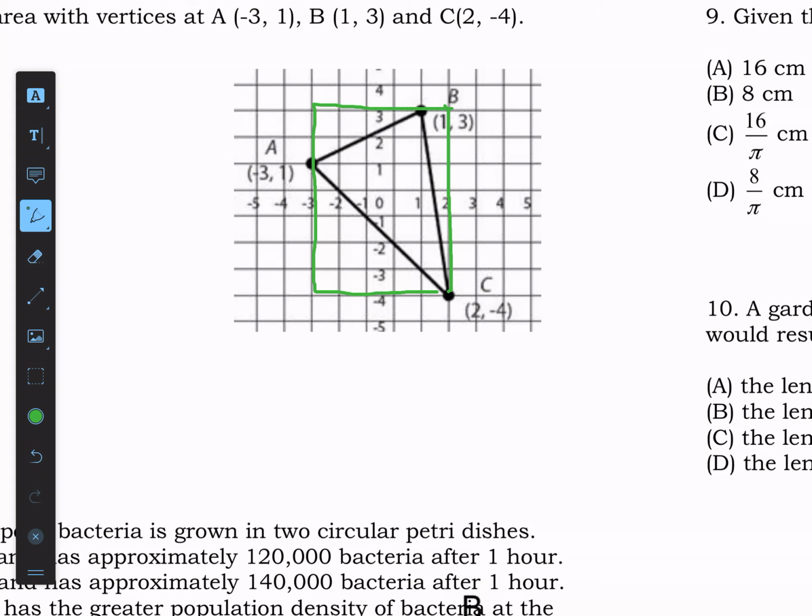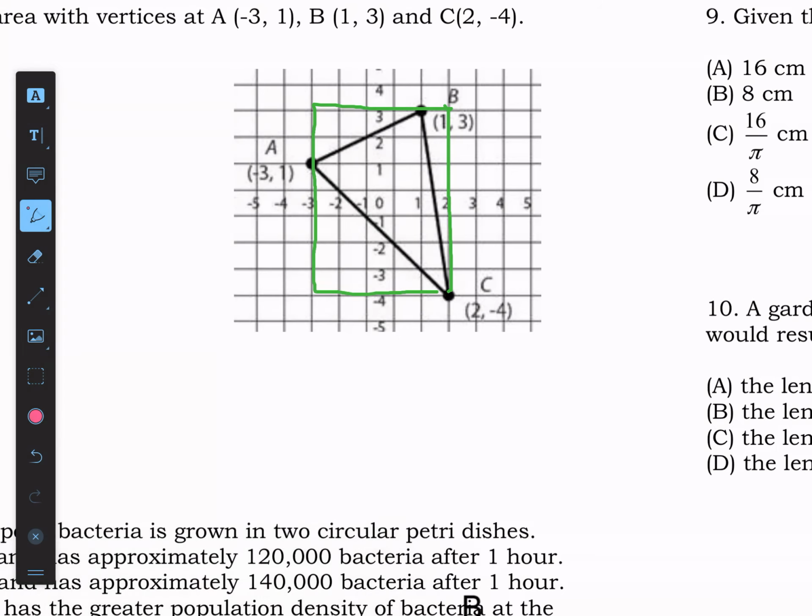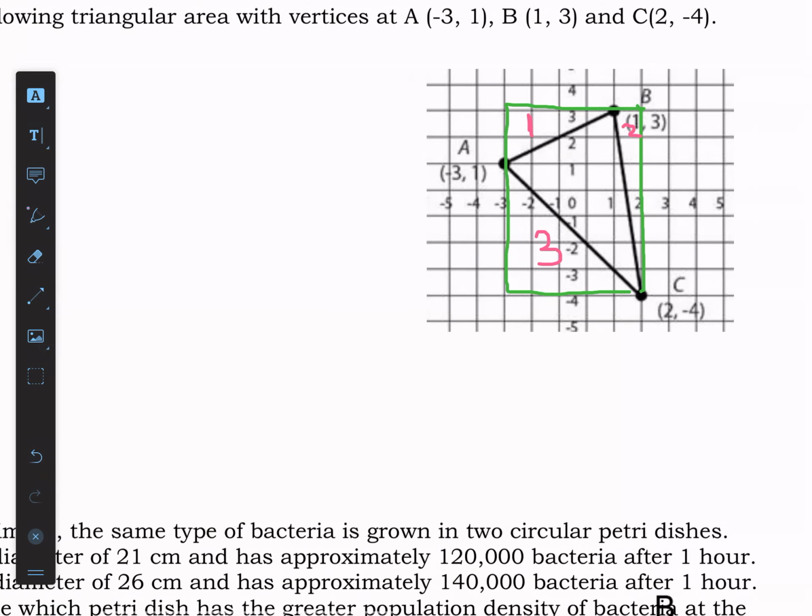Okay, and what we're going to do is find the area of the entire rectangle and then subtract off the pieces that we don't want, which are the 3 triangles. And I just labeled them triangle 1, 2, and 3. Okay, so I'm going to move back over here.